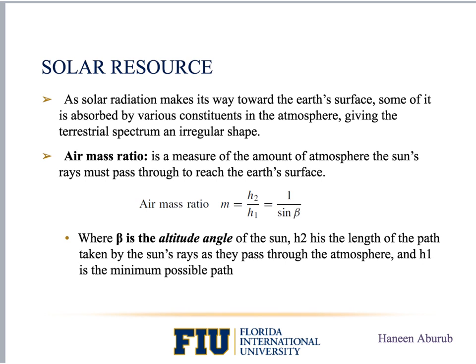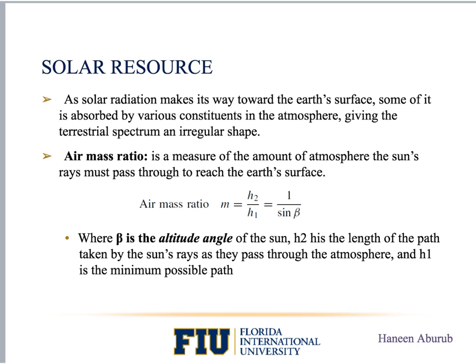As the solar radiation makes its way toward the Earth's surface, some of it is absorbed by various components in the atmosphere, giving the terrestrial spectrum an irregular shape. Now there is a definition called the air mass ratio. It is a measure of the amount of atmosphere the sun's rays pass through to reach the Earth's surface.